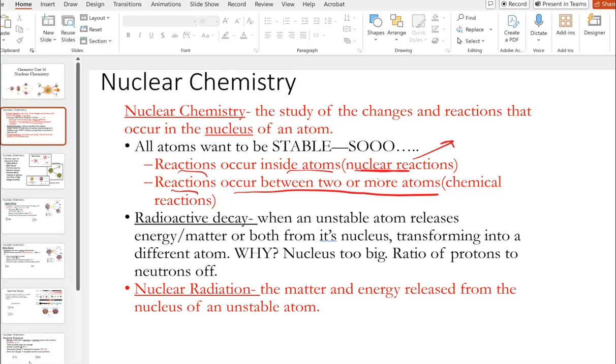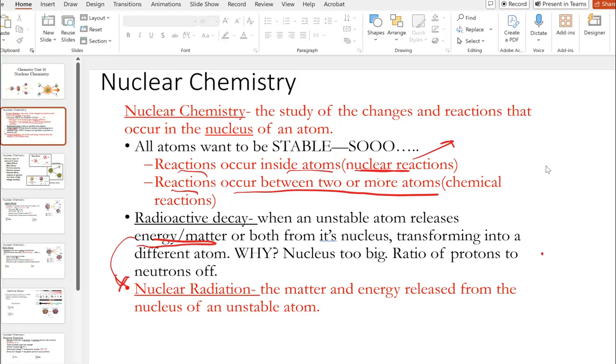When we're talking about energy and matter being released, that is actually nuclear radiation. Anytime you hear the term nuclear radiation or radiation, it's matter and energy that's released from the nucleus of an atom. Matter, we're talking protons, neutrons, electrons.